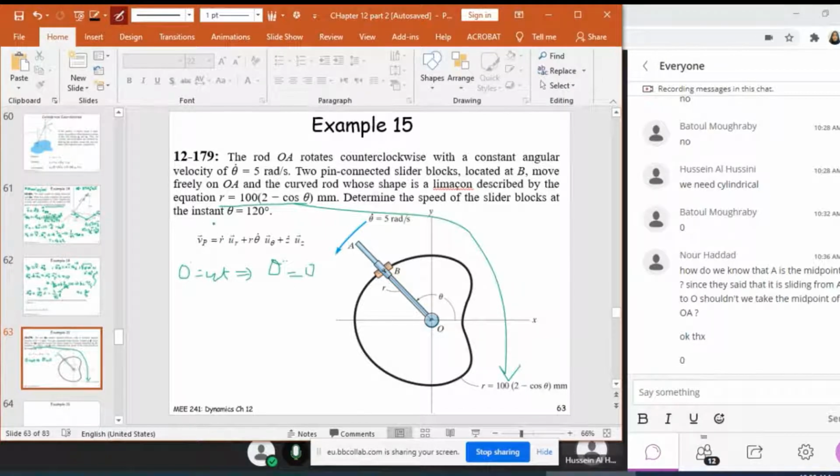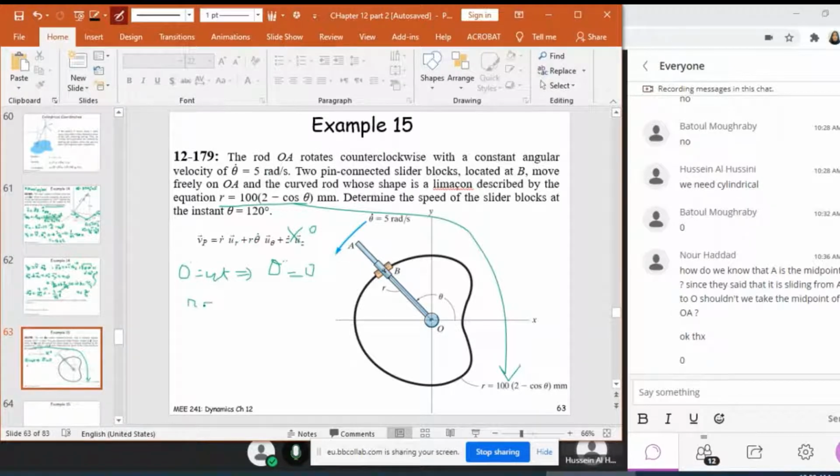So you can also find the speed as the square root of r dot squared plus r theta dot squared, all right? Now, I know, guys, that this is a 2D problem, which means that the z term is 0, so I only have r dot to find, because theta dot is constant and it is 5, right?